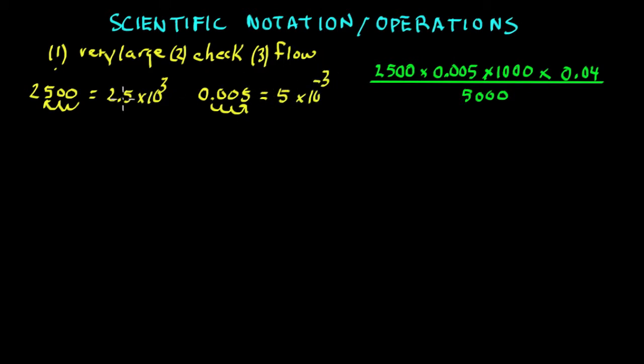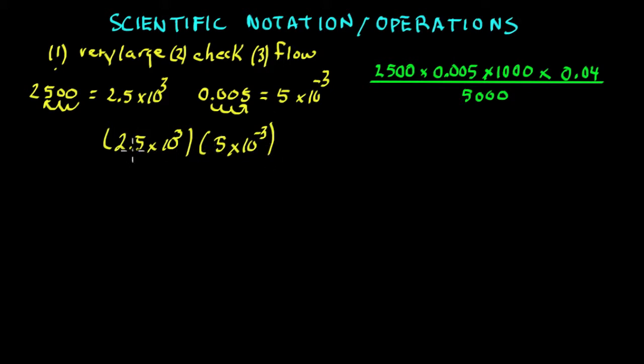Again, one digit to the left of the decimal place. When we multiply these, 2.5 times 10 to the 3 times 5 times 10 to the minus 3, this is the operation.